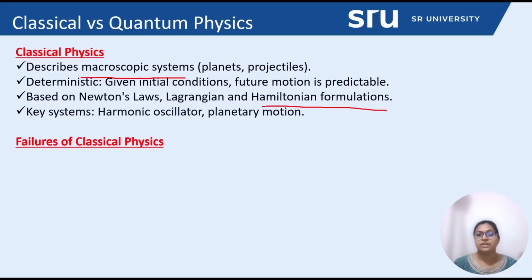However, atoms are stable. Second, the hydrogen spectrum: classical physics predicts a continuous spectrum, but hydrogen emits discrete spectral lines. This discreteness implied quantization beyond classical expectation.